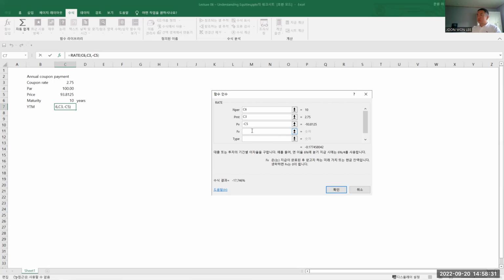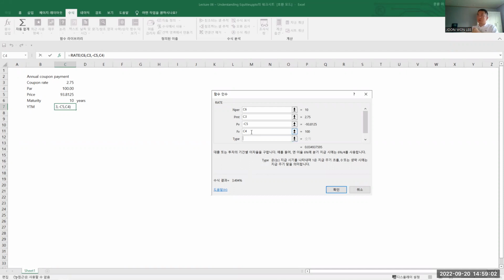And future value. What is going to be future value? Par, right? So future value 100. Once the bond is mature, you want to receive $100, right?